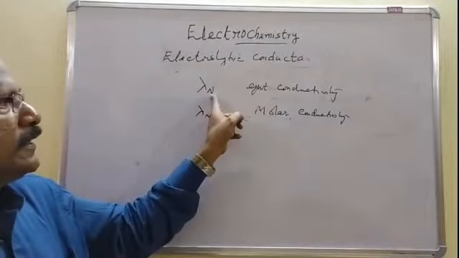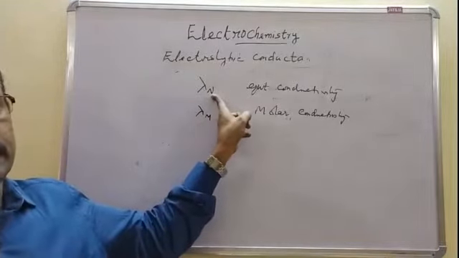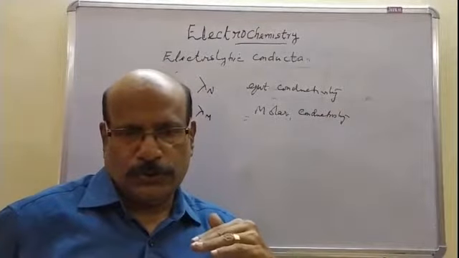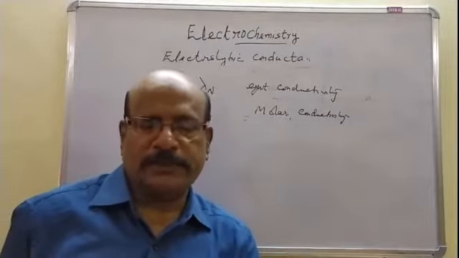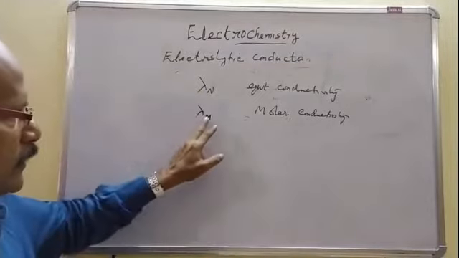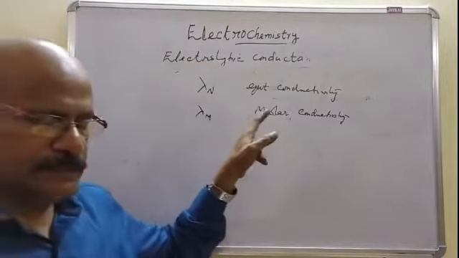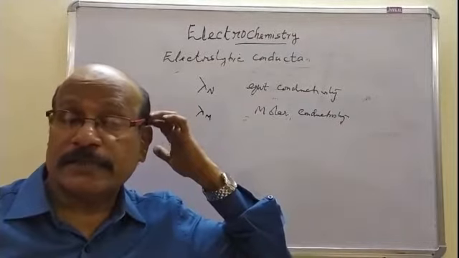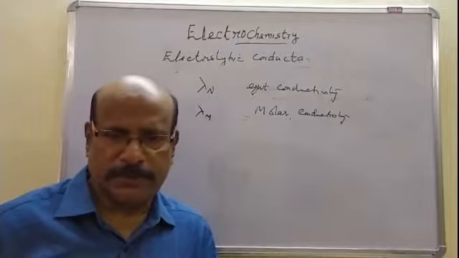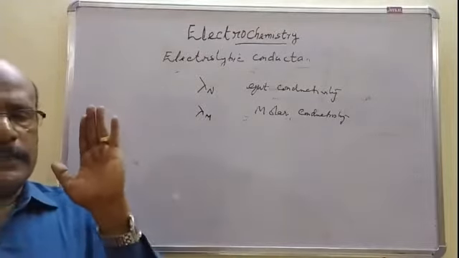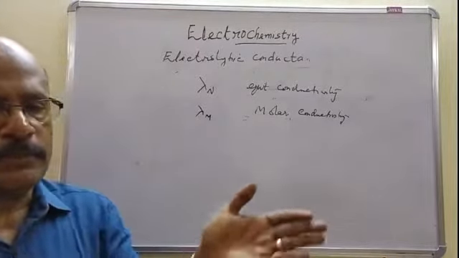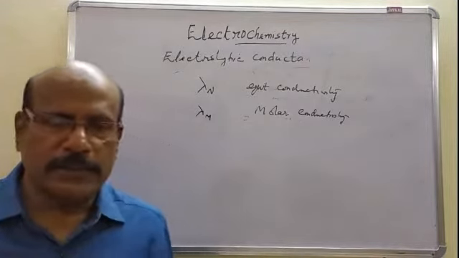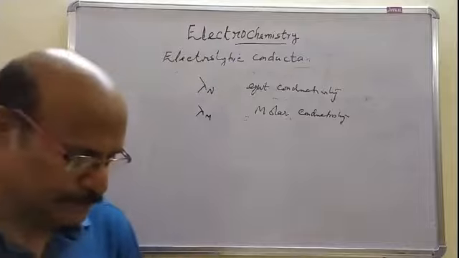So lambda n, the equivalent conductivity, is the conductivity term of the electrolyte connected to the normality of the solution, while the molar conductivity lambda m is the conductivity term connected to the molarity of the solution. That's very simple. The term connected to molarity is called molar conductivity, and the term connected to normality is called equivalent conductivity.